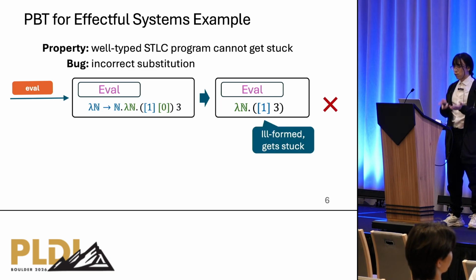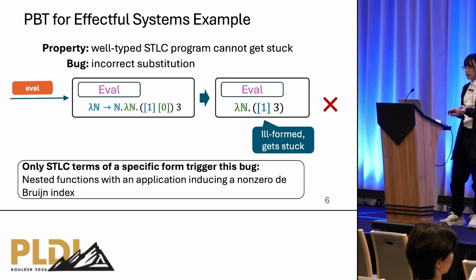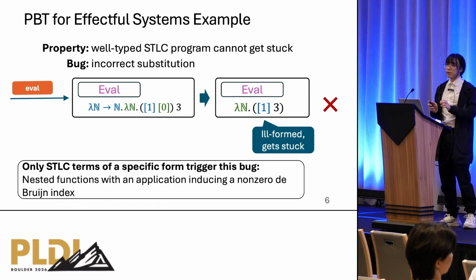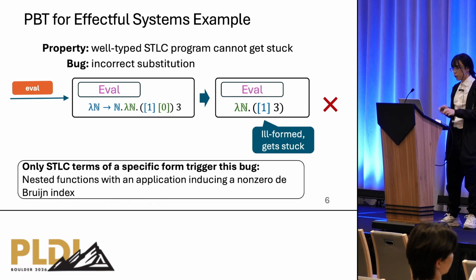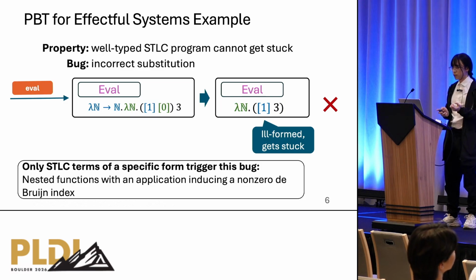That is ill-formed because index 1 tries to refer to the outer abstraction, but there is no outer abstraction. The point here is that only STLC terms with a very specific shape can trigger this bug. You need to have an application, otherwise this substitution will not happen. And you should have a non-zero de Bruijn index. And to make sure of the non-zero de Bruijn index, you need to have a nested function.